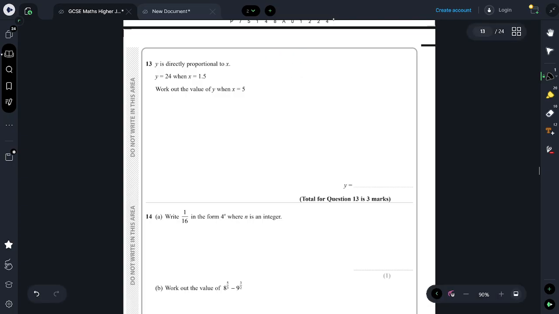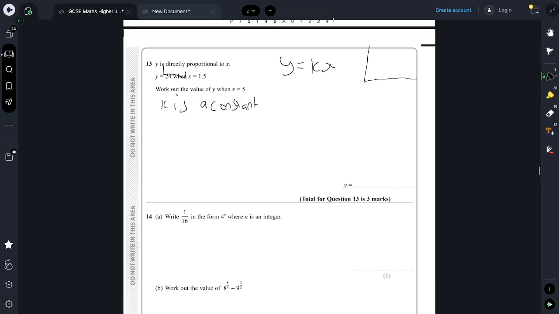All this means is, if y is directly proportional to x, then y has to equal kx for some constant k. Sometimes it's called the constant of proportionality. Okay, that's all this means. So if you see one thing's directly proportional to another, you just write it like this. That is all.